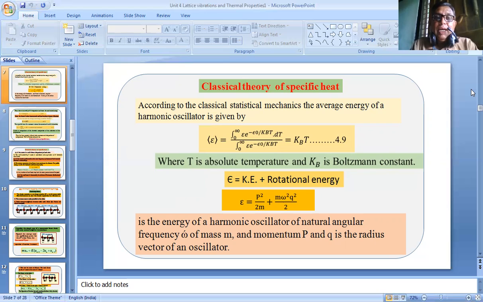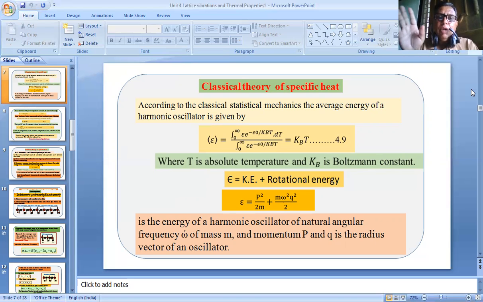E is equal to kinetic energy plus potential energy. Then the energy E is equal to P squared upon 2m plus m omega squared q squared upon 2.